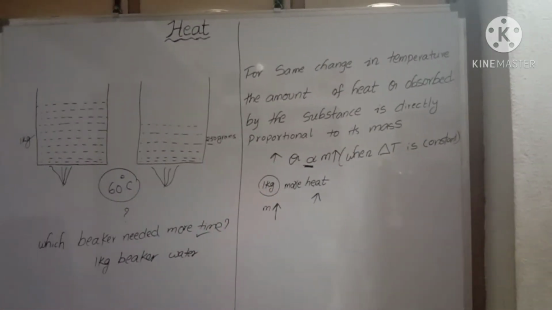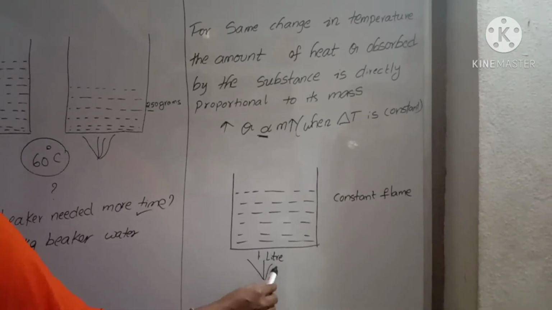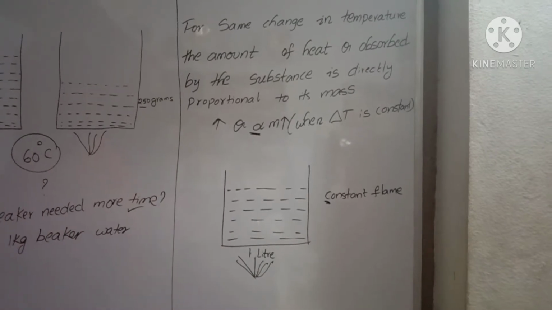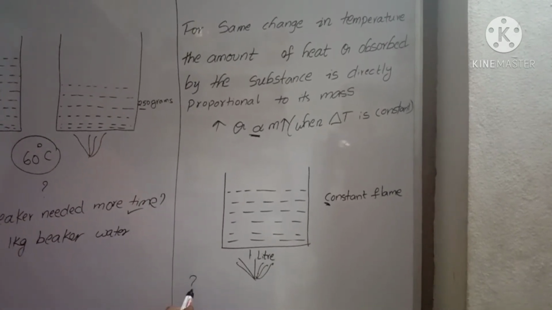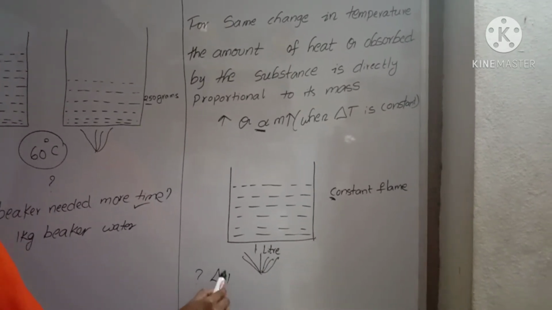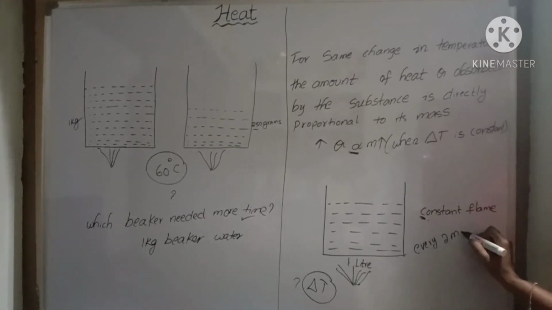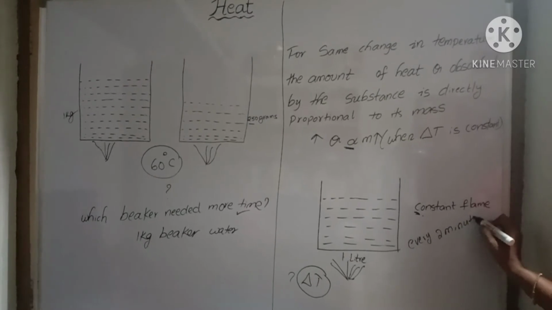Let us see the second situation. Take 1 liter of water in a beaker and heat it over a constant flame. Now, what is the change in temperature for every 2 minutes? Notice that delta T rises with constant time.